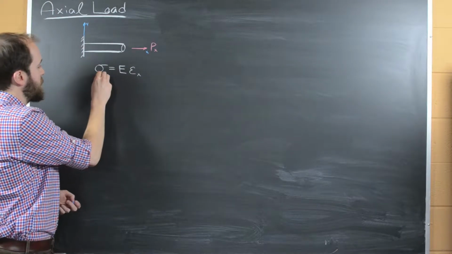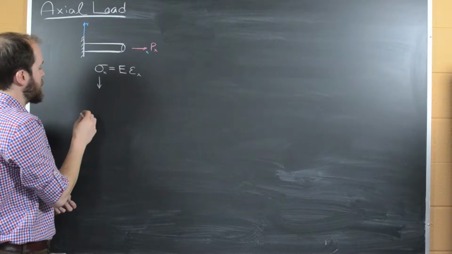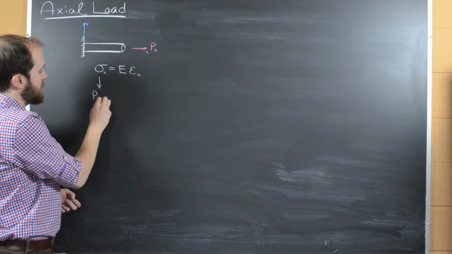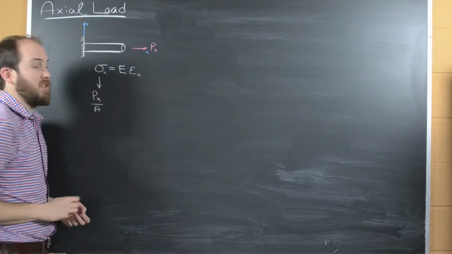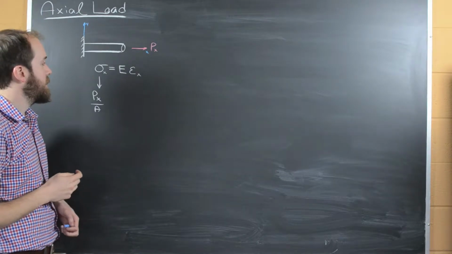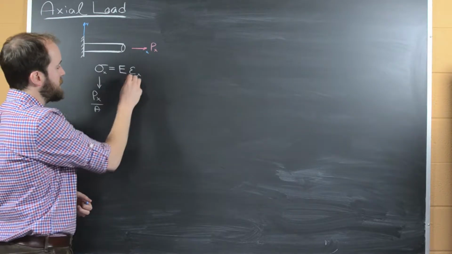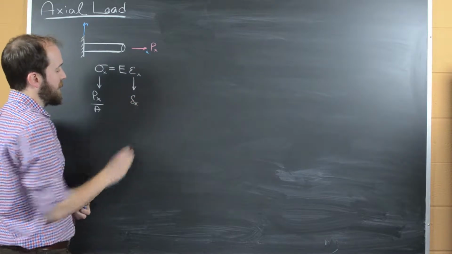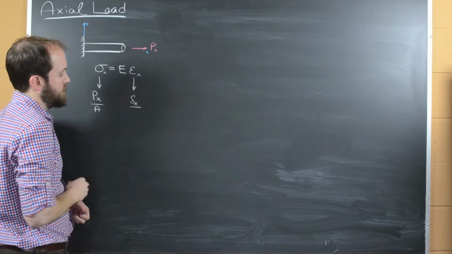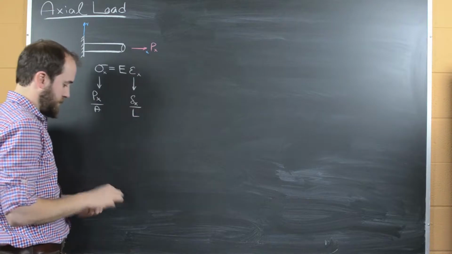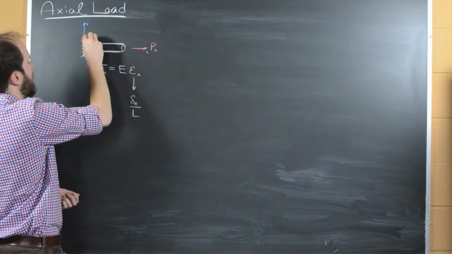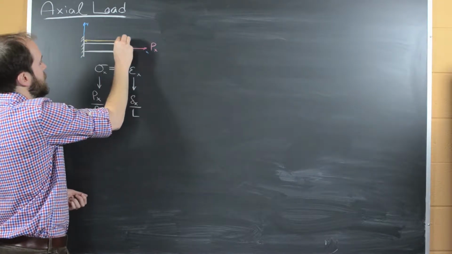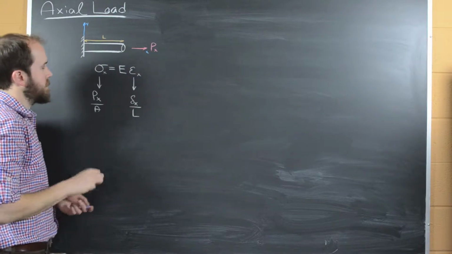And so now let's replace what we know about these terms here. So sigma is equal to Px over the cross-sectional area of our rod. Epsilon in the x direction is going to be equal to delta x over the length of our rod. Our length of our rod looks like this.